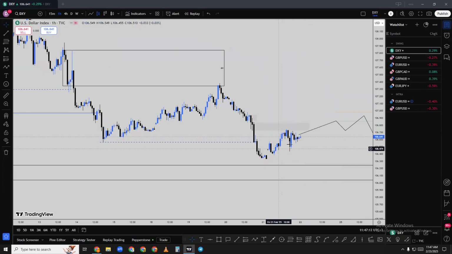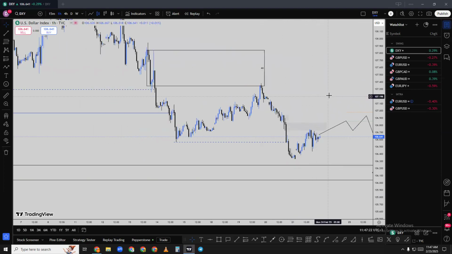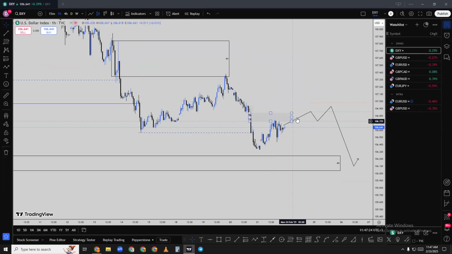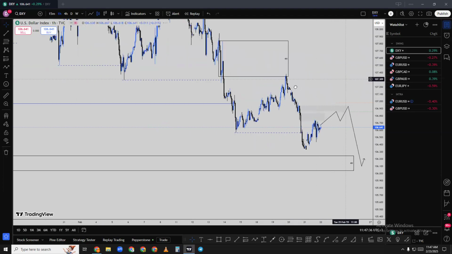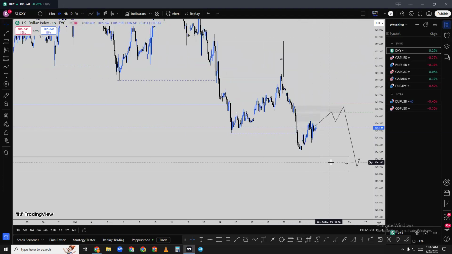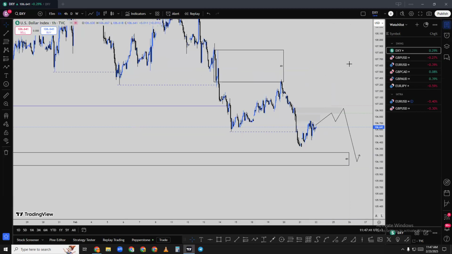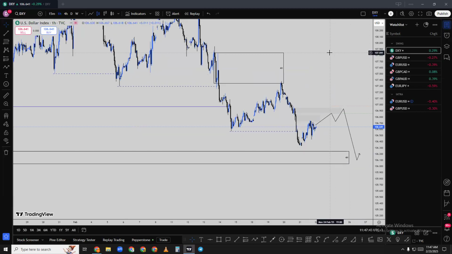But right now we are just ranging, which is another sign that this zone may not be as strong, and I'm more in favor of the market actually coming all the way to some of these zones to the upside, and then we sell to the downside, and then continue to buy, or those daily pro trend moves kick in. So that is my analysis in regards to these three currencies.